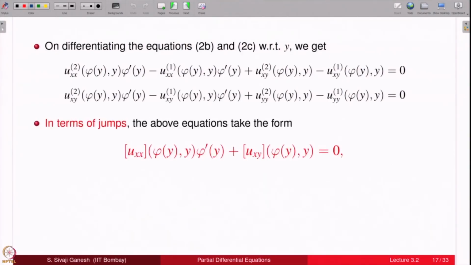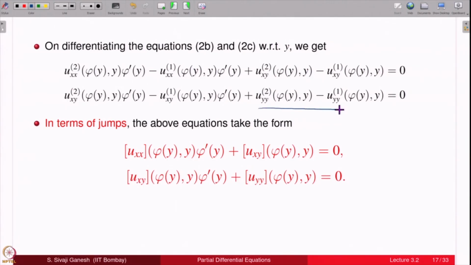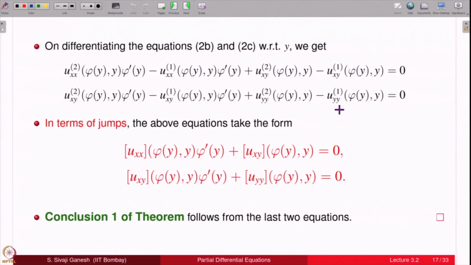Now, in terms of the jumps, this equation is nothing but the jump in uxx into phi dash plus the jump in uxy equal to 0, that is the first equation, and the second equation is the jump in uxy, which is this, into phi dash, plus the jump in uyy equal to 0.